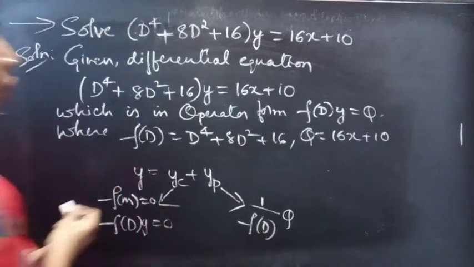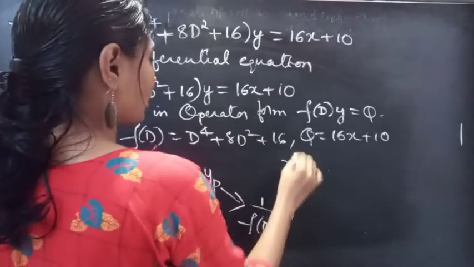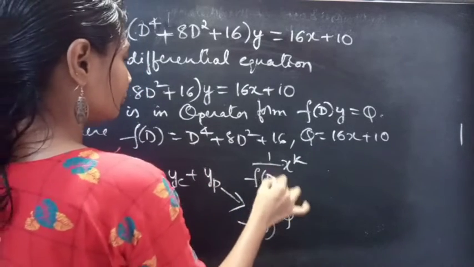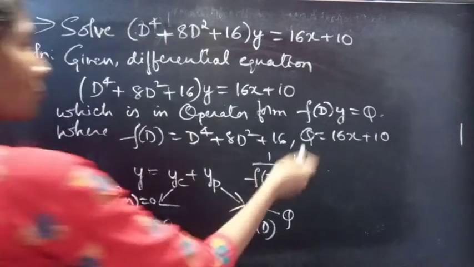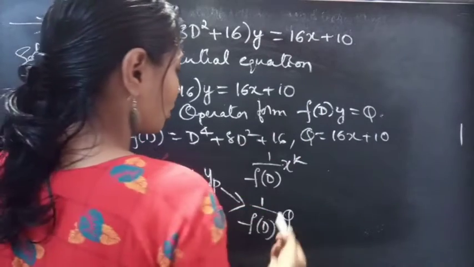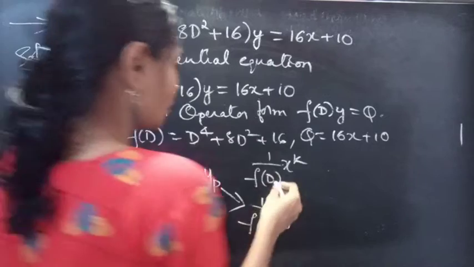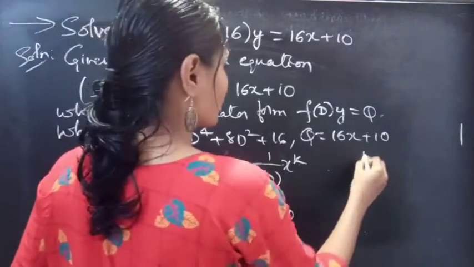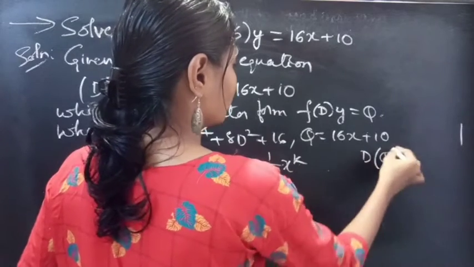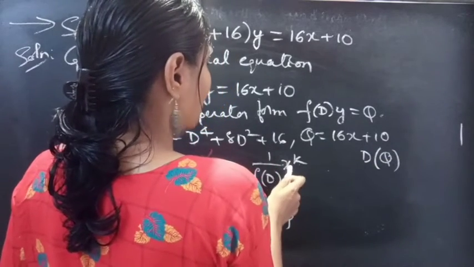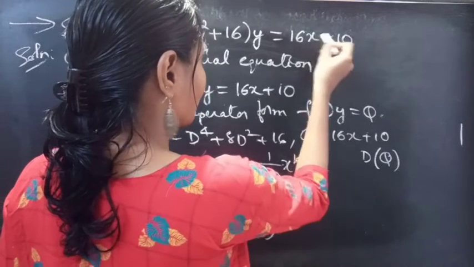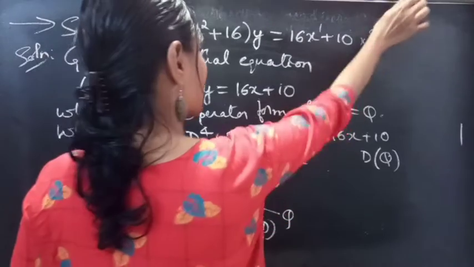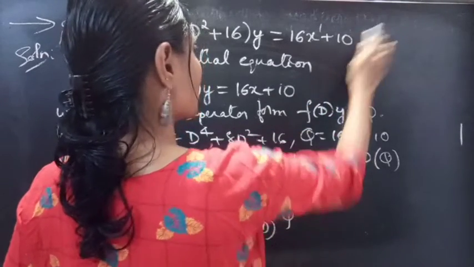Here we have Q of some x^k form, right? x^1 into x^0. So since we are having 1/F(D) into x^k, we'll just find the derivatives of our Q. Now just compare x^k with x^1 and x^0.